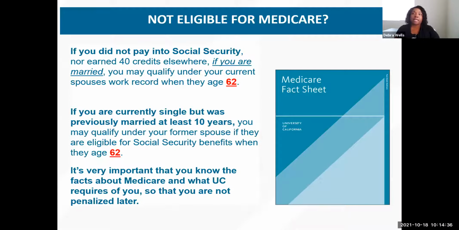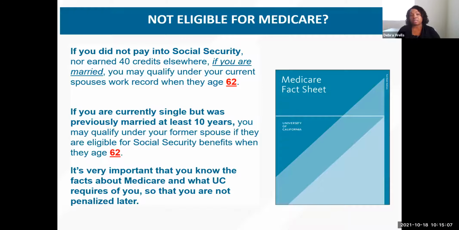Not eligible for Medicare. Again, if you're not eligible for Medicare, if you did not pay into Social Security, nor have you earned 40 credits elsewhere, you could be eligible for Medicare through another family member. So you want to make sure that when you apply, if you didn't pay into Social Security, that you still apply because you could qualify under your current spouse if you're still married.